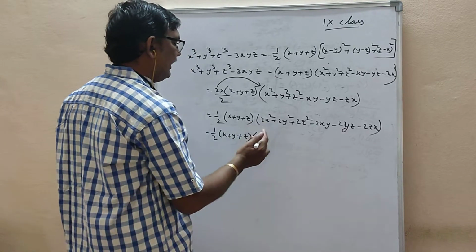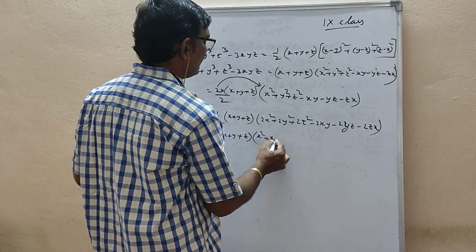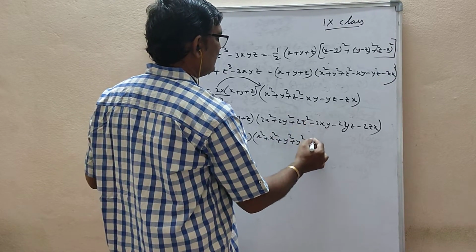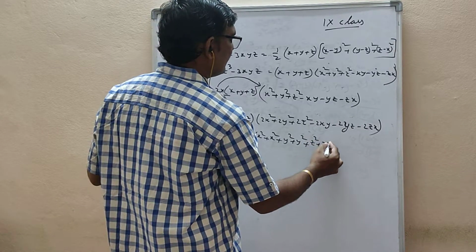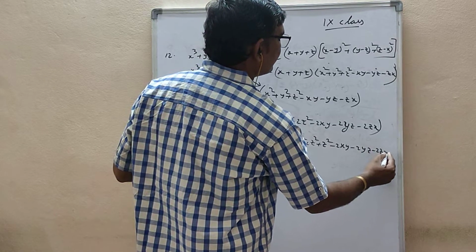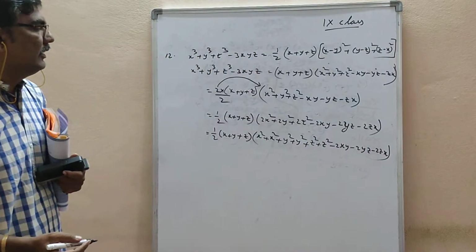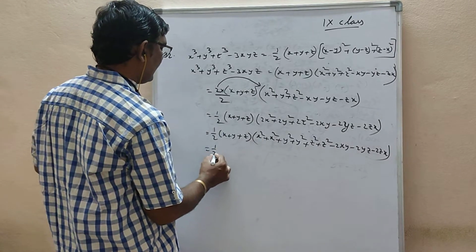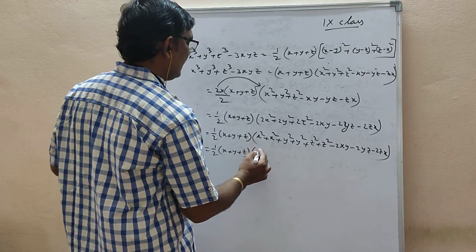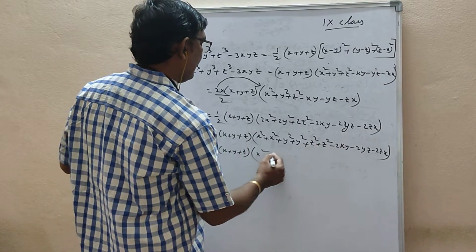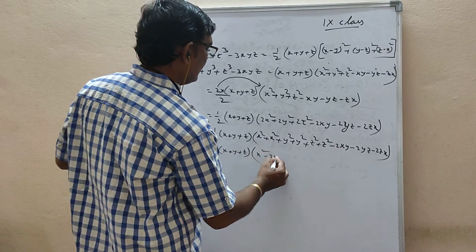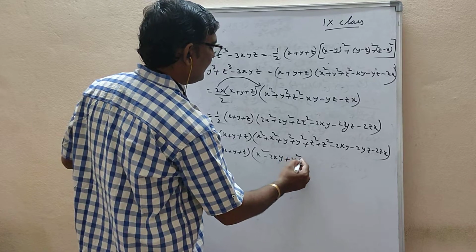Now 2x square I am writing as x square plus x square. 2y square I am writing as y square plus y square. 2z square I am writing as z square plus z square. Remaining everything I am writing as it is. Okay. Now what I am doing is, 1 x square I am writing here, 1 minus 2xy I am writing here, 1 y square I wrote here.